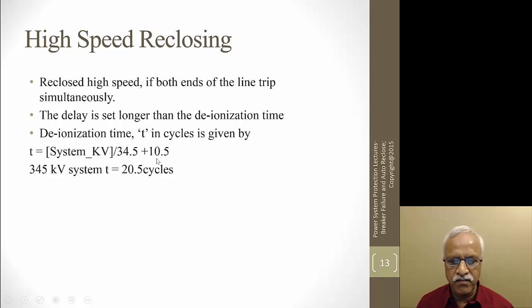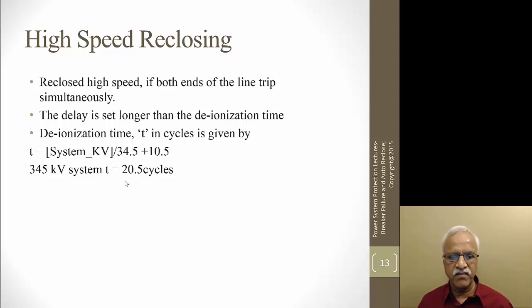So if it is a 345 kV system, the minimum dead time, that is from the time the breaker is opened and de-energized, to the time it closes and energizes, has to be at least 20 cycles. Otherwise, there is a probability that ionized gases will recombine and reignite, and then it is not a successful reclose.